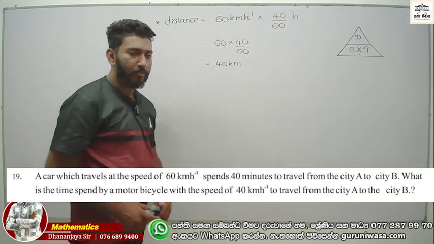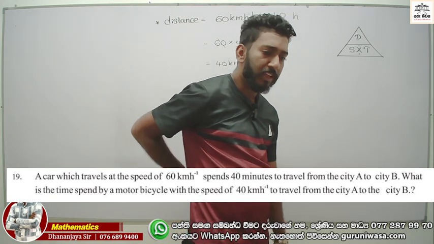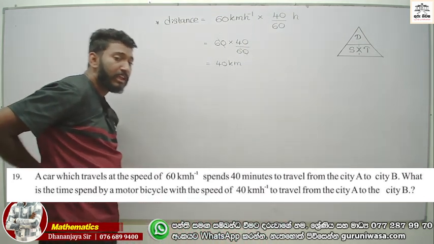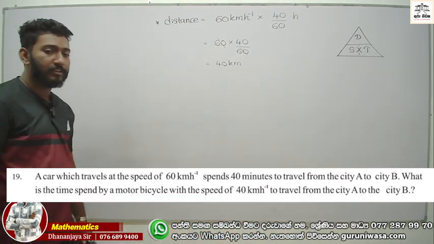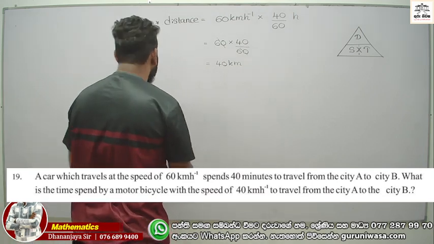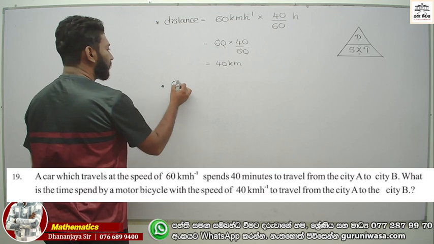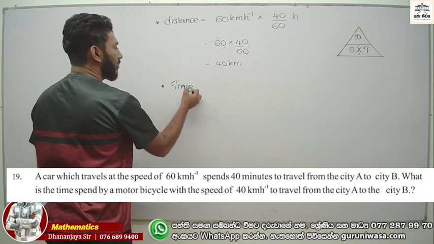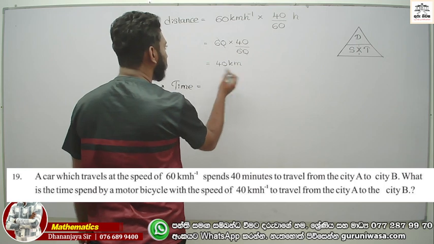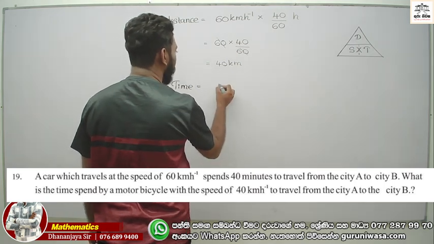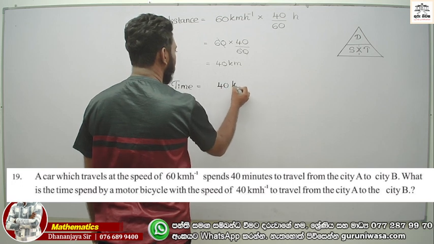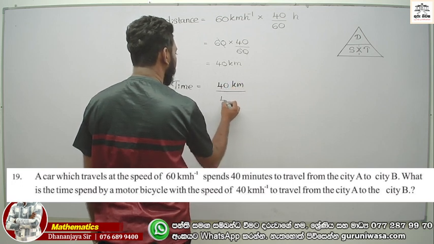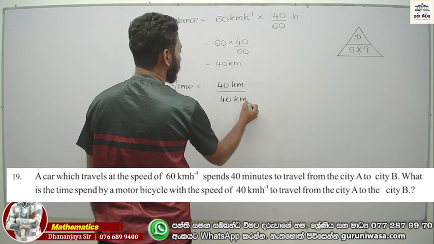Right? Now, what is the time spent by the motorcycle with the speed 40 kilometers per hour to travel from the city A to B now? Now, time. How to find the time now? Now, time is equals to the distance divided by speed. Now, distance is a 40 kilometers. You need to divide by the 40 km/h minus 1.